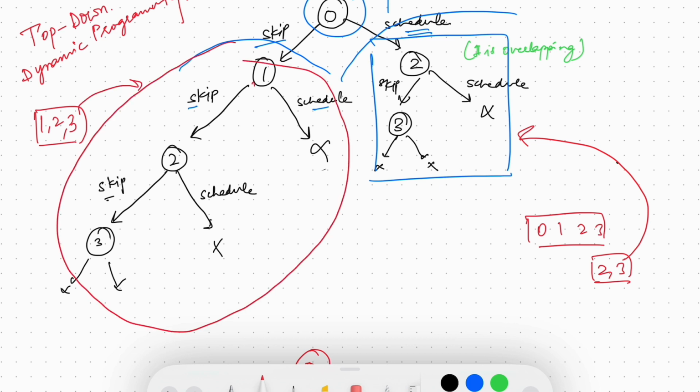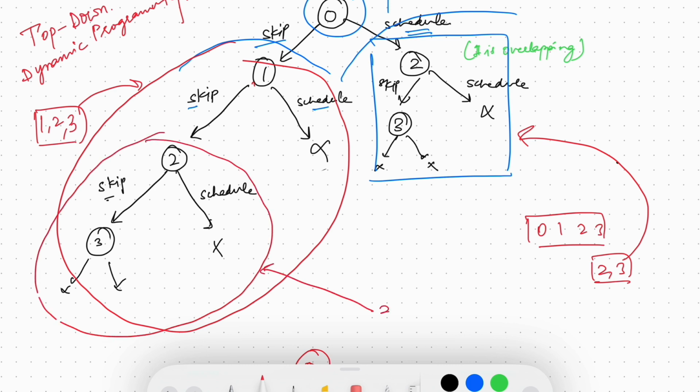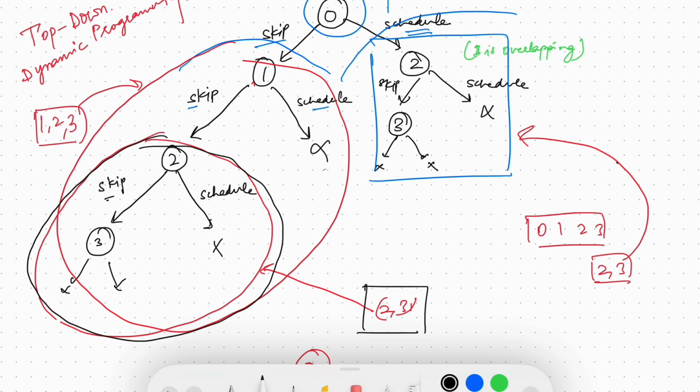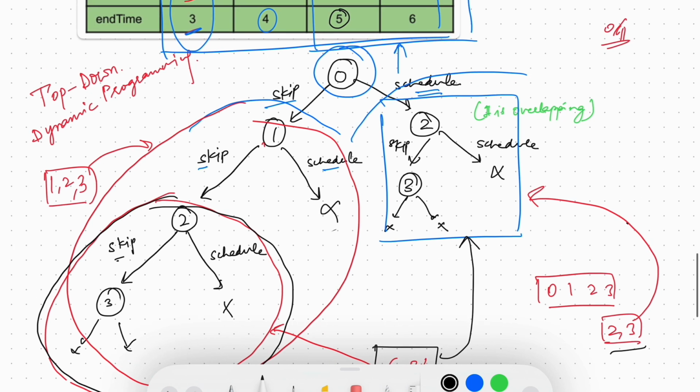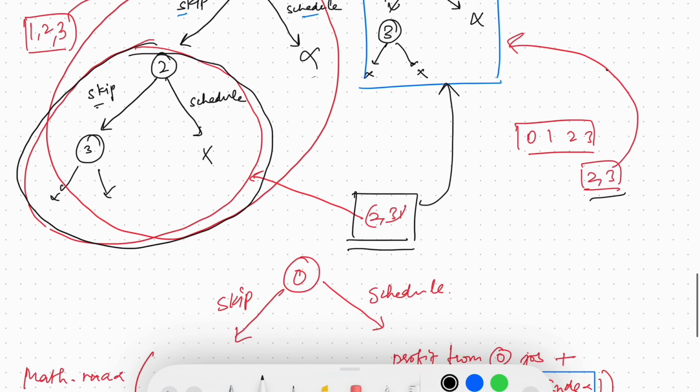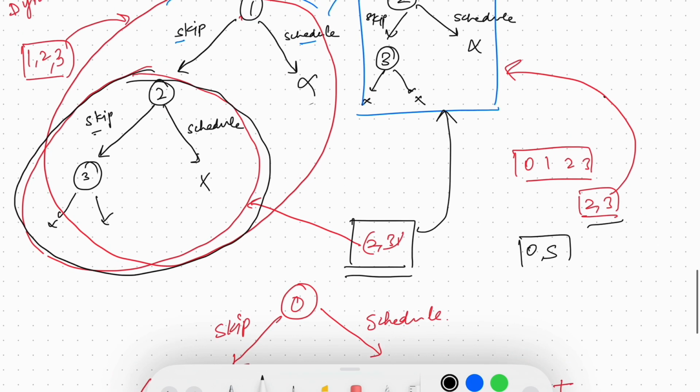And in this call itself, we are solving the problem 2 to 3. This one is 2 to 3. Here you see that this 2 to 3 job we are already solving, but we are not memorizing it anywhere, and after some time we are solving this again. So here you can see that we are having overlapping subproblems.